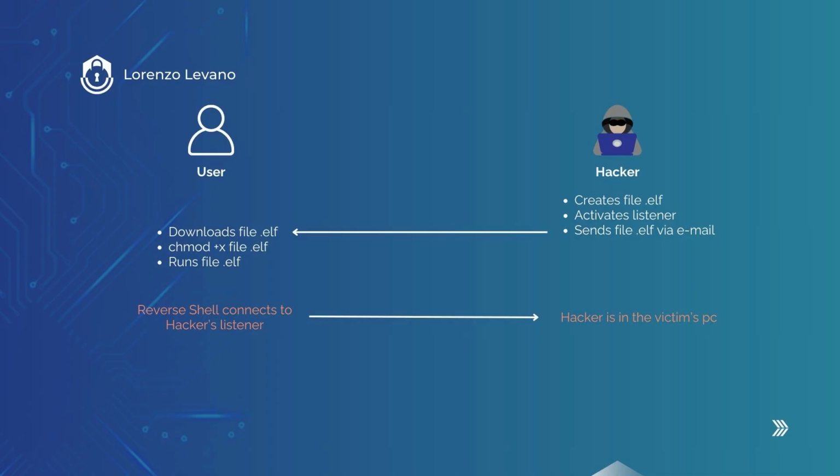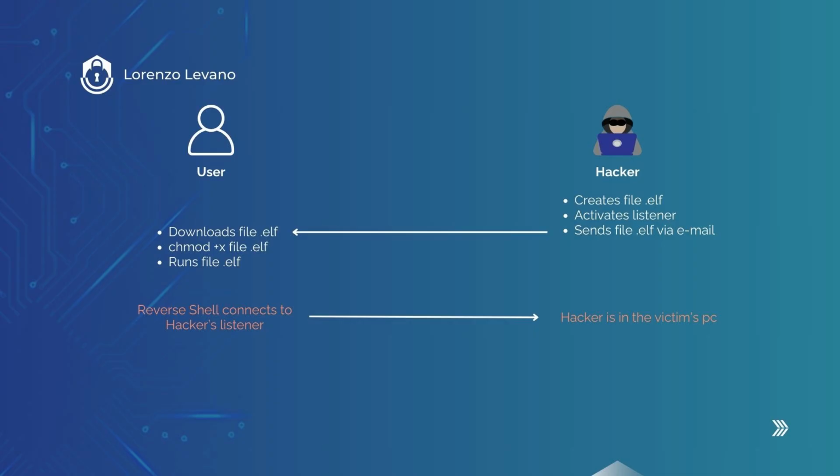So as I was telling you, on the left we have the victim, and the victim is using a Linux machine. The user downloads the file, then they make it executable by running chmod +x file.elf. chmod +x makes a file executable.